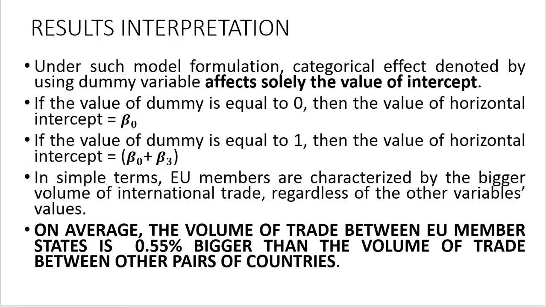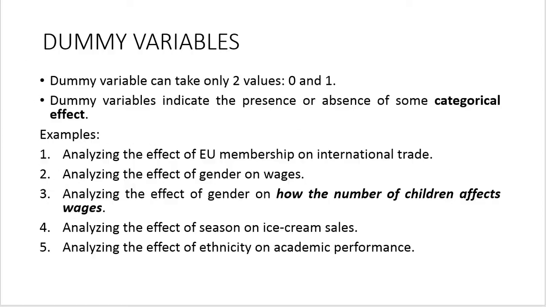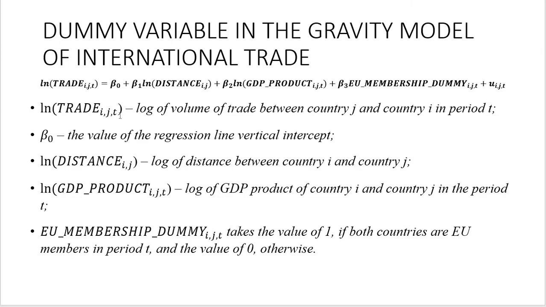If the value of the dummy is equal to 0, then the value of the horizontal intercept for all the observations, for all the trading partners, is equal to beta 0. So if beta 3 is equal to 0, then we neglect the fact of European Union membership, and we can conclude that the volume of international trade is the same.